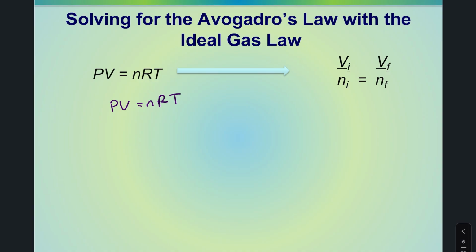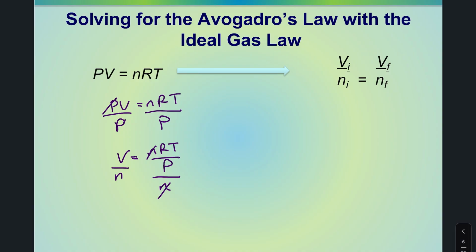We want to keep the volume and the number of moles on the same side, so we need to get those together. So we will divide by P on both sides, and we will get V equals nRT over P. And then we will divide by moles, and we will get V over n. So that gives us that.